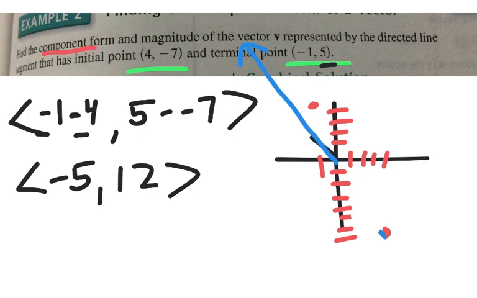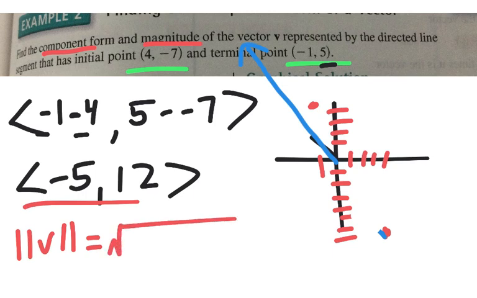What's the second part of the question? Find the magnitude. Magnitude is just the distance. So we can find the magnitude of v. When it's in its component form, it's really easy because I know one of the points is going to be 0, the origin. So I could take the x value squared plus the y value squared.